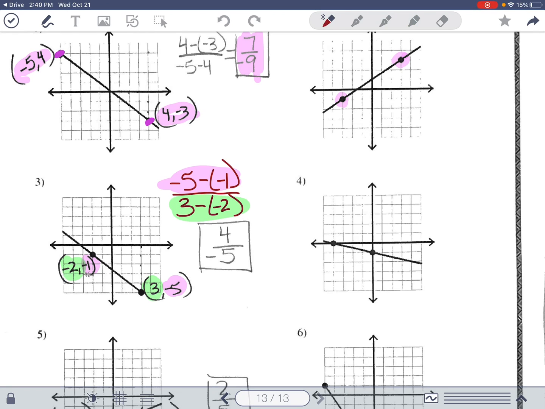So let's check my math here. Oh gosh. Negative 5 plus a positive 1 is negative 4. And 3 take away negative 2 becomes plus positive, which is 5. So that does work. These 2 slopes are matching. The negative symbol can be out front, simply like this, or it could be attached to the 4 or the 5. So all 3 of these are correct.